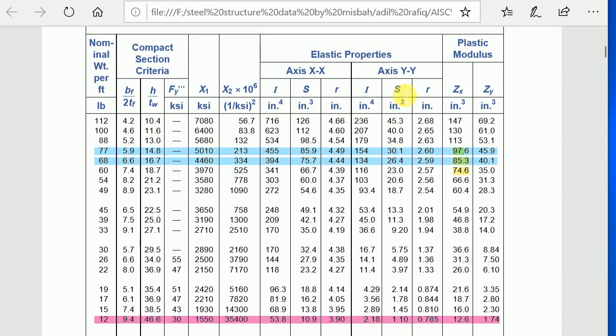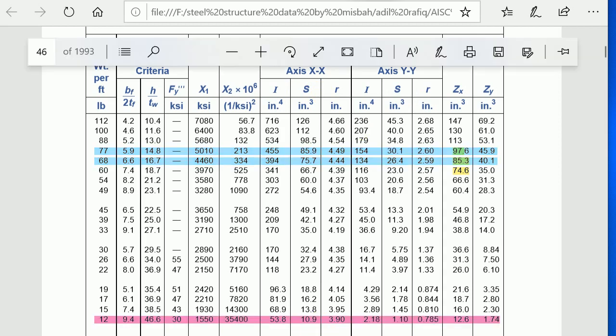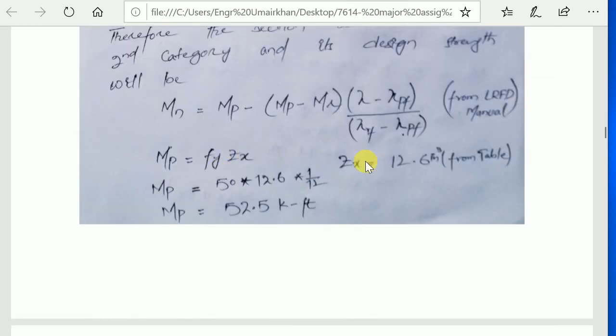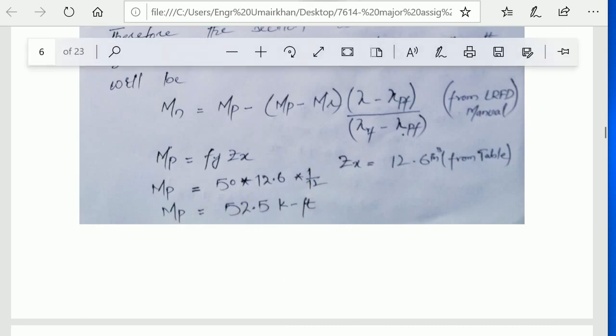Zx is basically 12.6, and multiplying these terms and dividing by 12 to convert into feet, you get 52.5. This is Mp, 52.5 kip-feet.